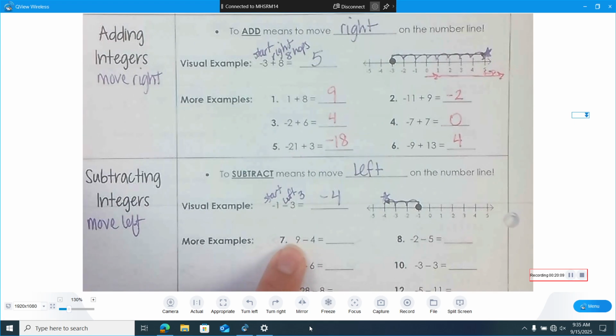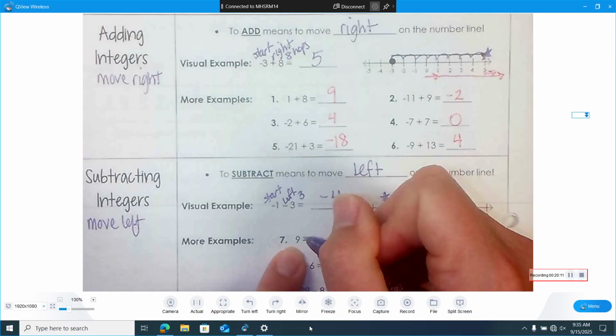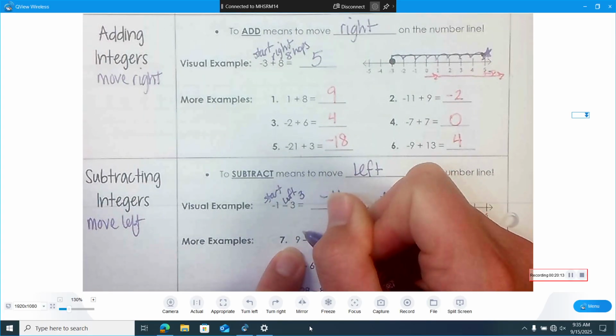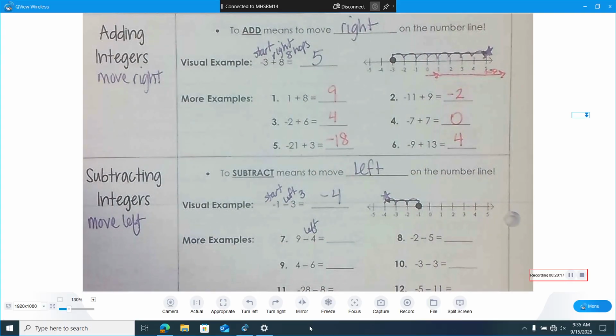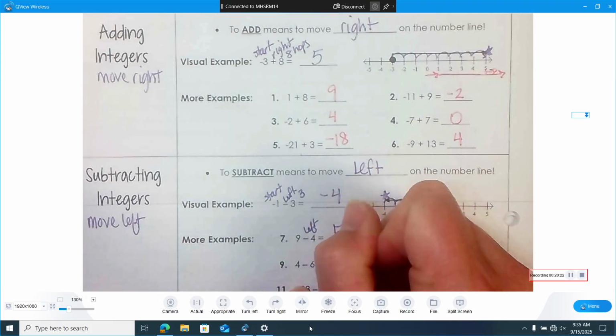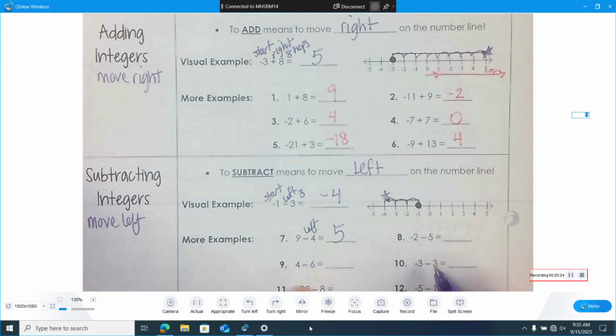And so I'm going to look here at number 7. If I start at 9, and I'm going to go left 4 units, where do we end up? At 5. Very good. On number 8, I'm starting at -2, and then I got to move left 5 more spaces.